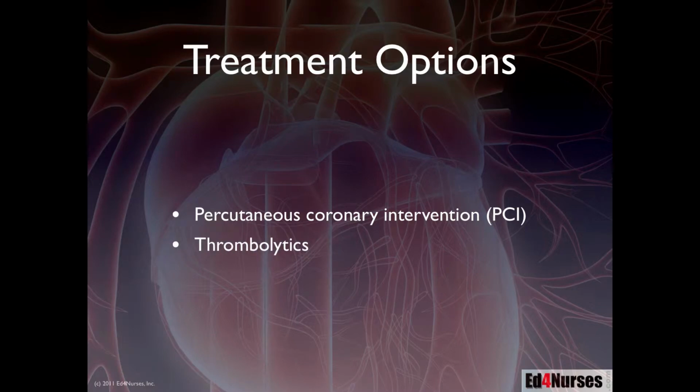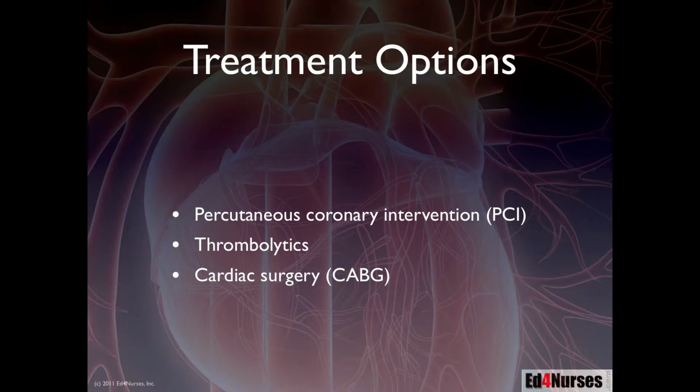If we can't do that, we have the possibility of using thrombolytics. Thrombolytics are medications that break down clots, and hopefully they're going to break down the clot and revascularize the heart. Thirdly, if neither of those two options seems viable for this particular patient, then we would consider CABG surgery, so open heart surgery, cardiac surgery.